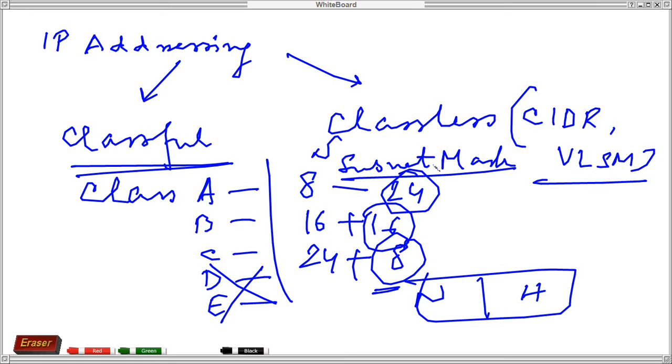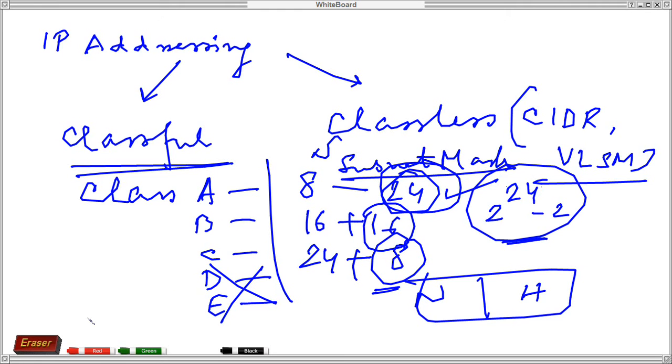When I design a class A address, I need to take a host of 2 to the power 24 minus 2, a block size of 2 to the power 24. And why should I take a host bit of 24, a host bit of 16 and a host bit of 8 always? In case of classful addressing, the subnet mask is fixed.